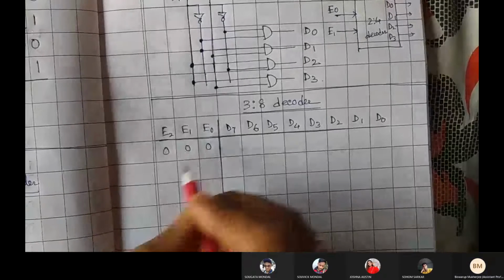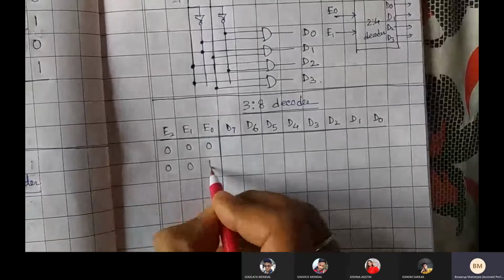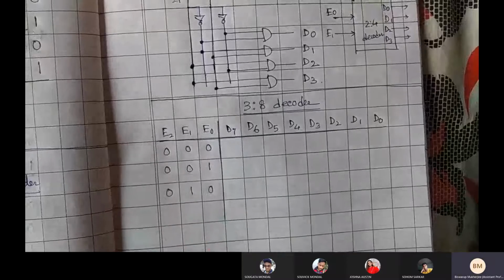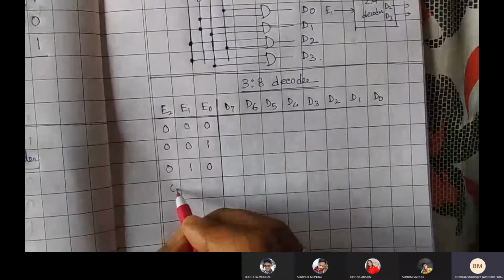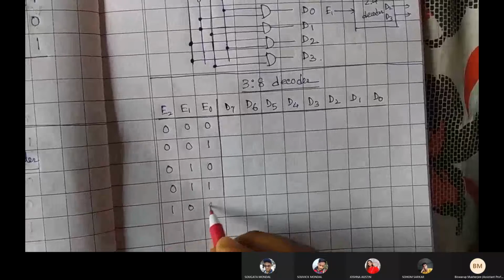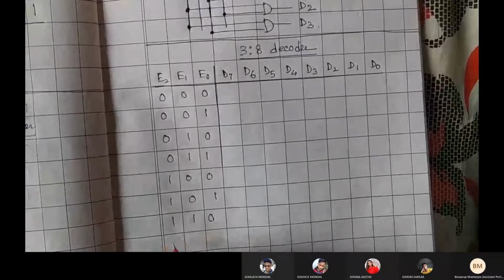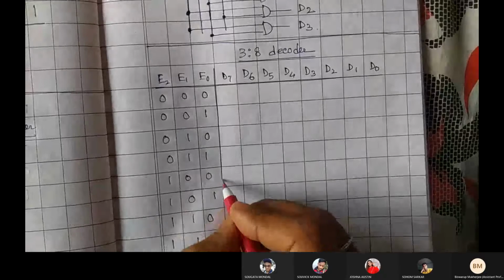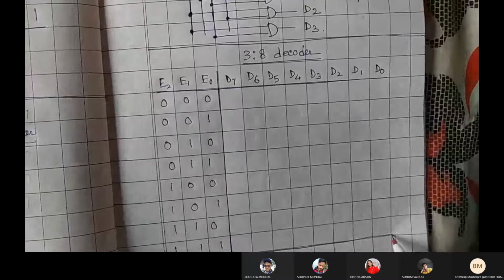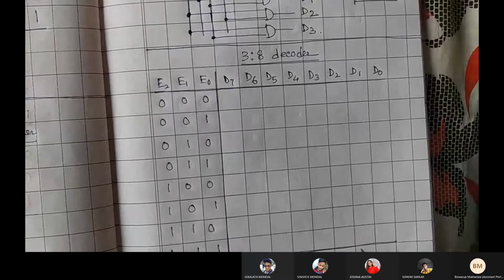Let us make all these inputs first. So the input can have this kind of combinations. Accordingly, D0, D1, D2, D3, D4, D5, D6, and D7.